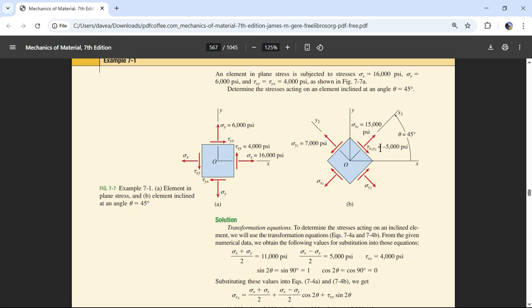So if you get the tau x1y1, cool. It's either going to be positive or negative. And you know that if it's negative, this is the positive x1 face, and this is the positive y1 direction. So a negative shear is on the positive x1 face in the negative y1 direction. So that's why this is negative shear.